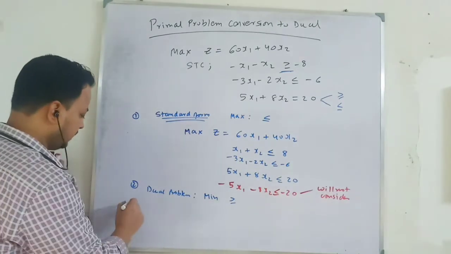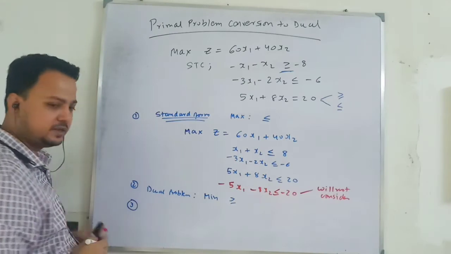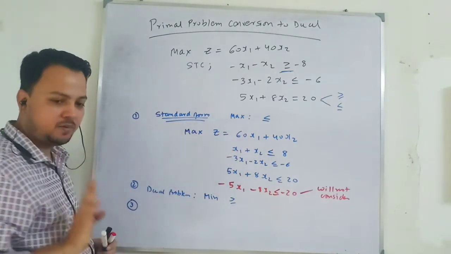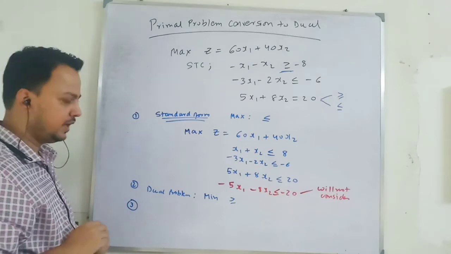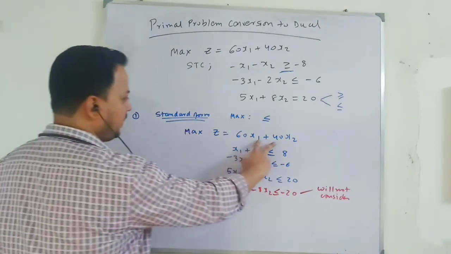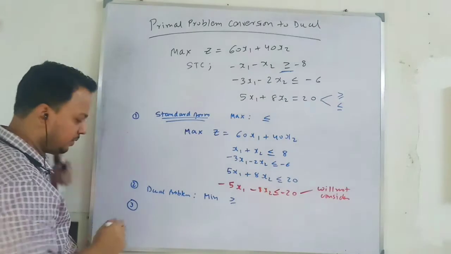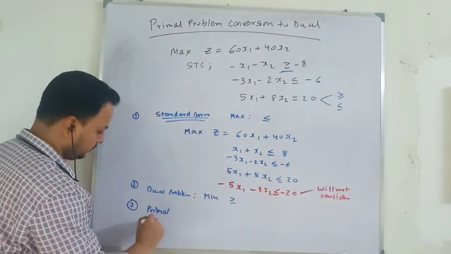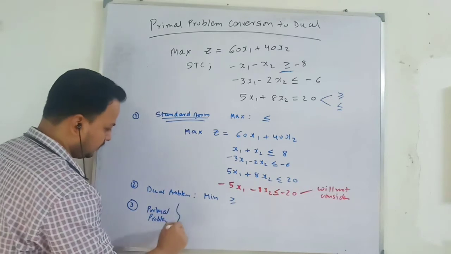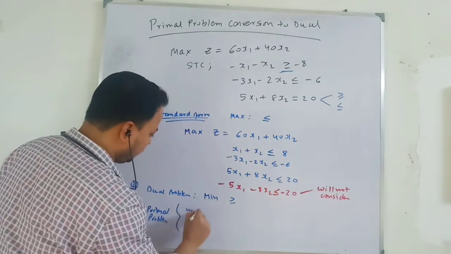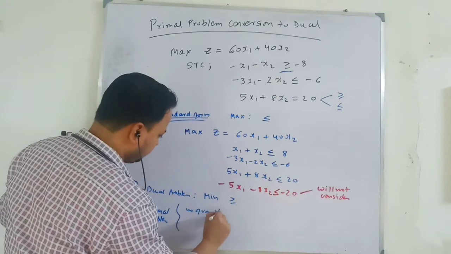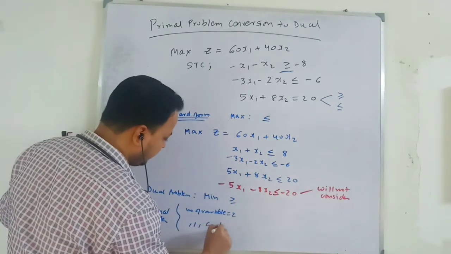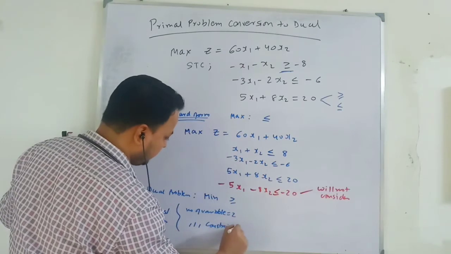Okay, now what is my third step? To verify how many variables we have, how many constants we have, right? How many variables we have? 2 variables in the primal problem. So number of variable is 2. Number of constant, I told you in the beginning, is 3.